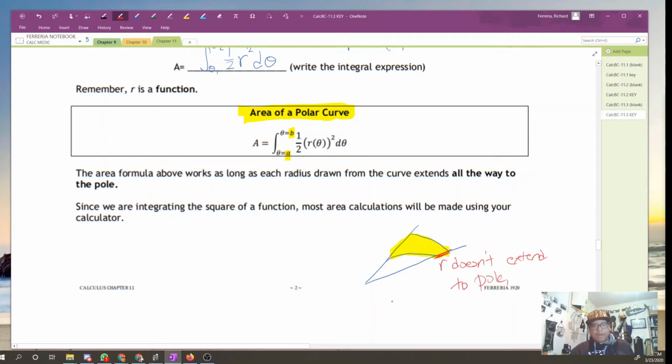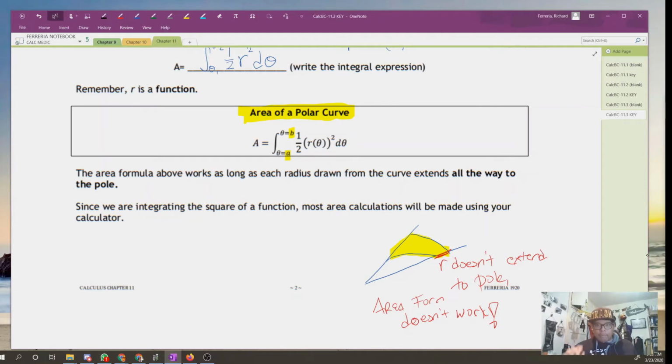So that means my area formula won't work. Okay, so that's a pretty easy thing to do. All you need to do is keep drawing a bunch of radii, and if any one of those radii doesn't go all the way to the pole, or if the region doesn't go all the way to the pole, then you can't use this area formula. You've got to do something else.